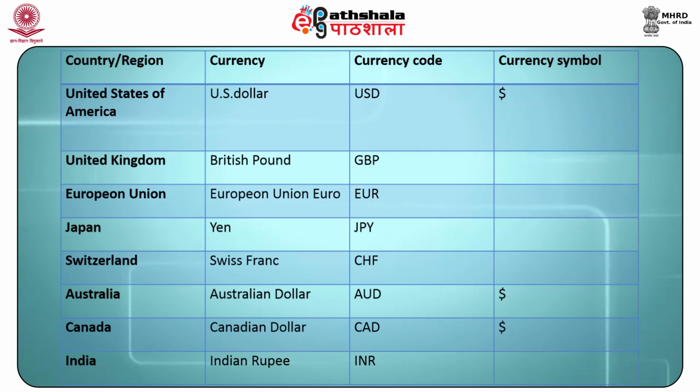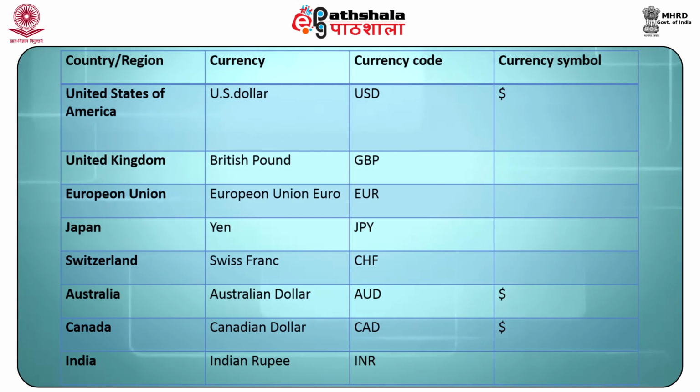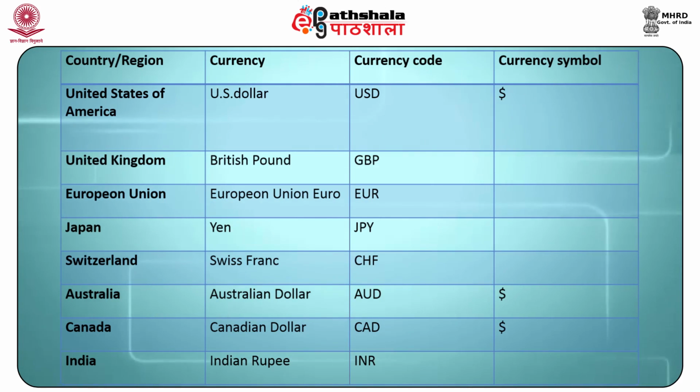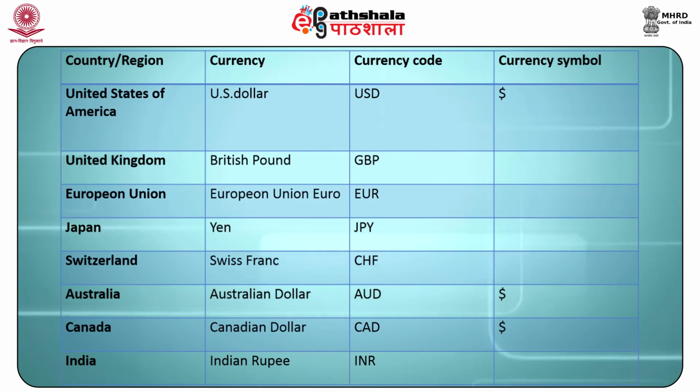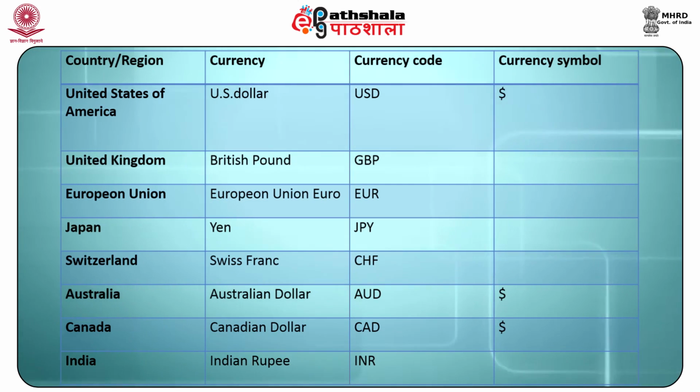In this table, you can see the country in the first column, the currency in the second column, then there is a currency code and then there is a currency symbol. We can see the currency of the countries United States of America, United Kingdom, European Union, Japan, Switzerland, Australia, Canada and India.